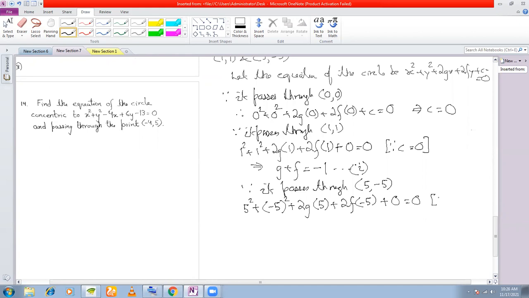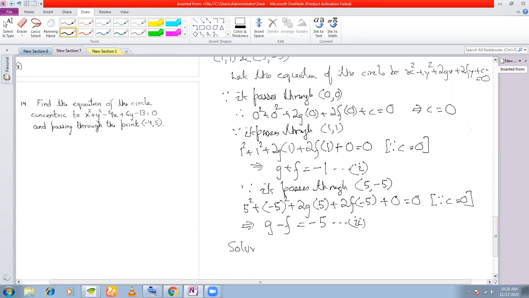Because c is equal to 0. So you get here g minus f is equal to minus 5. This is the equation number 2. So you can easily solve equation number 1 and equation number 2 to get the value of g and f.